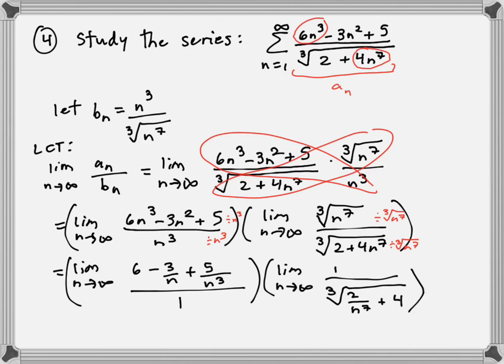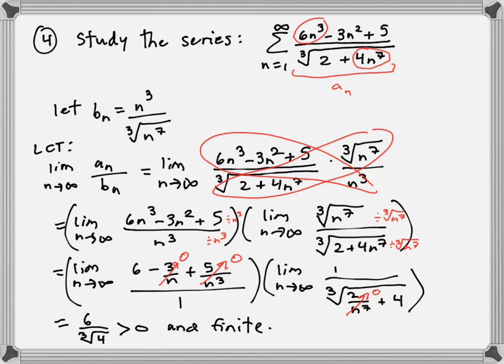So if we send n to infinity, that guy goes to 0, that guy goes to 0, this guy goes to 0. What do we end up with? We end up with 6 over the cube root of 4. But that's a positive number, and it's finite. So what did we just conclude?